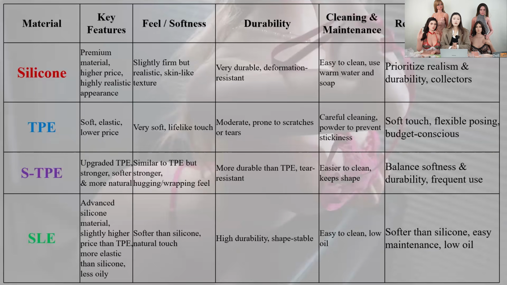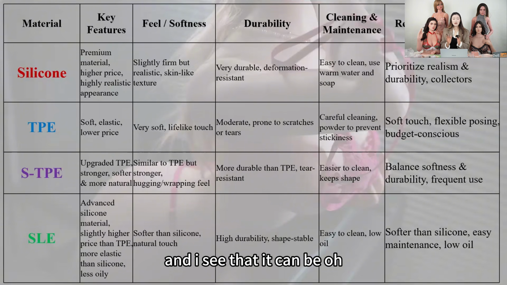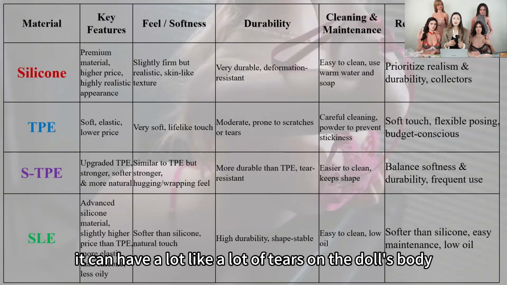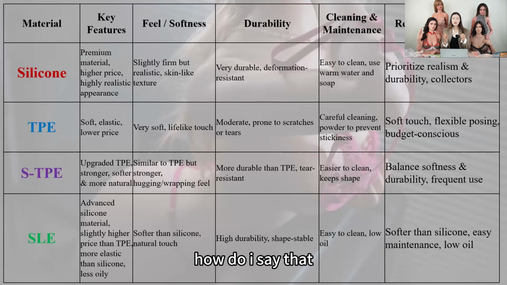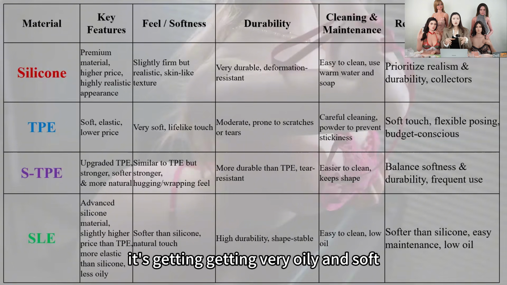But remember, when it comes to durability, it's just like 3 to 5 years, and I see that it can have a lot of tears on the doll's body, and the material gets, how do I say that, yes, that word, melt. The material is kind of getting melted over time, like snow melt. Yeah, it's getting very oily and soft.